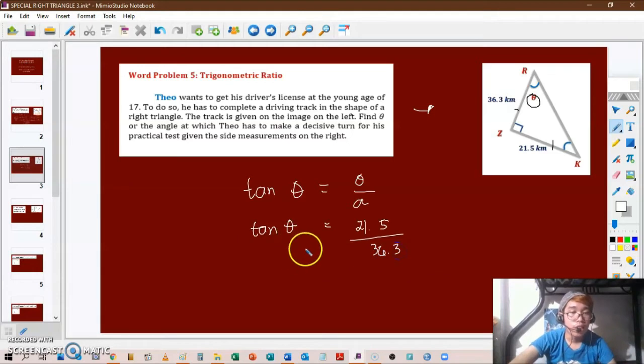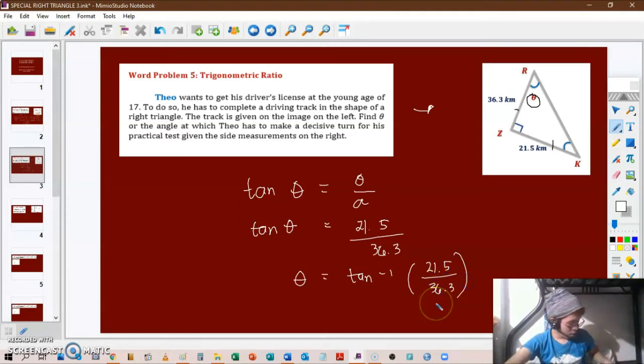To solve for the value of theta, we have to use the inverse of tangent: inverse tangent of 21.5 all over 36.3.